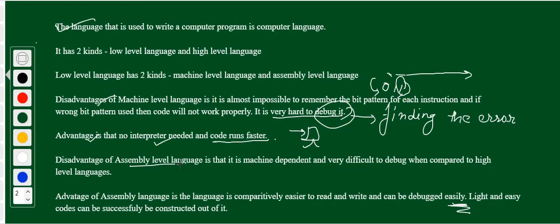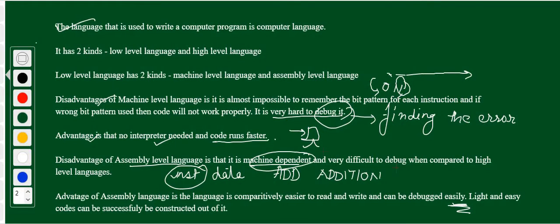In assembly level languages, where we first type the instruction and the data, it is machine dependent. Like this instruction can be add on one platform, it can be addition on another platform, so it will differ, and it is very difficult to debug compared to high level languages.